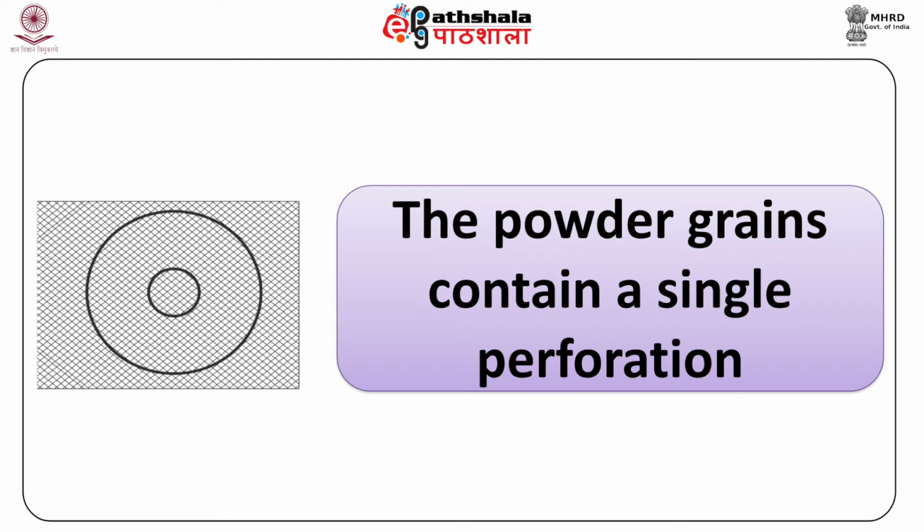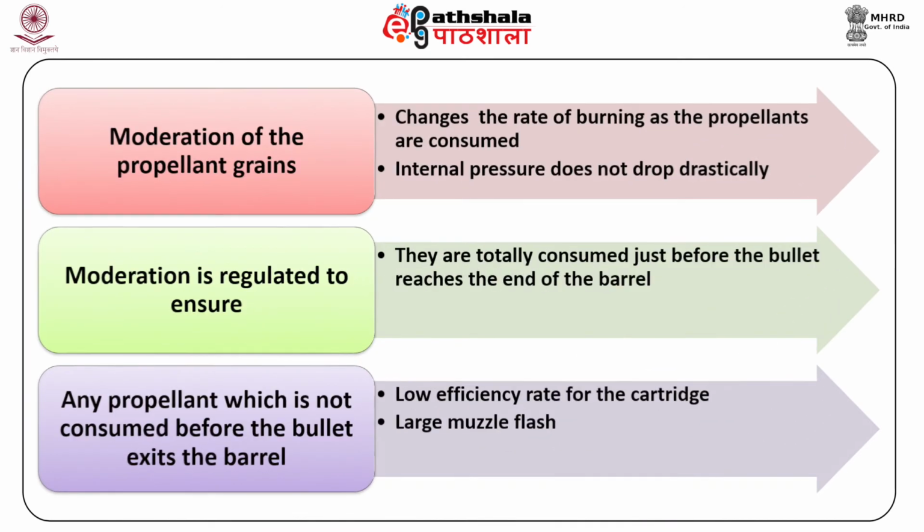For example, single perforated grains. The modernization of the propellant grains no doubt has an effect on changing the rate of burning as the propellants are consumed.